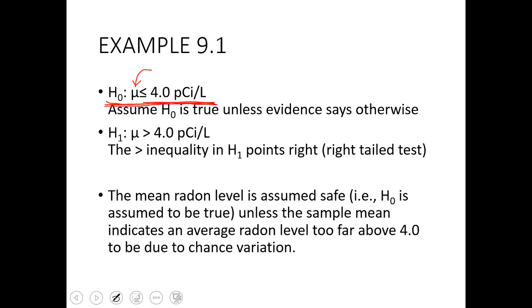And the alternative hypothesis is that mu is greater than 4.0. So this is the benchmark value, and mu is the population mean, which is not given. So we have a right-tailed test with its null hypothesis and alternative hypothesis.